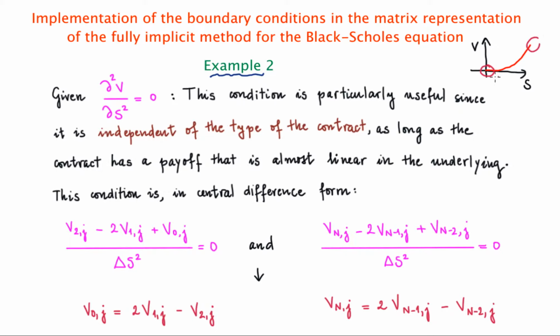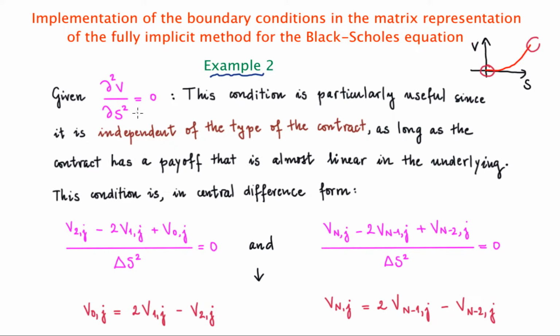So basically it means that both at S equals 0 and for very large values of S, the second derivative of V with respect to S will be 0, because if it's linear, the second derivative is 0. So it's an approximate boundary condition that we could consider as a general boundary condition for the option.